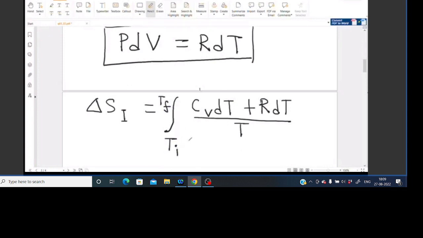Here the limits of the temperature are Ti and Tf, where Ti is the initial temperature and Tf is the final temperature.